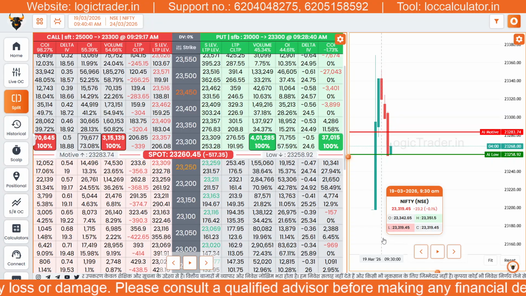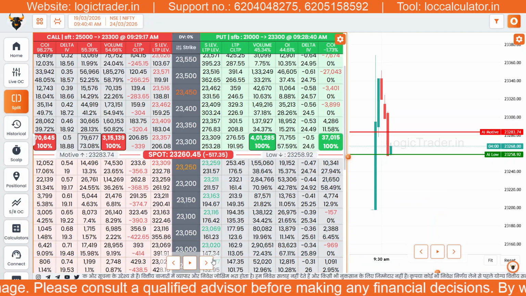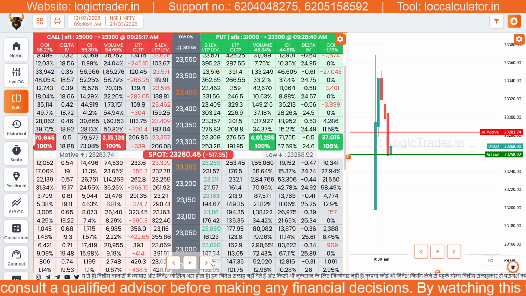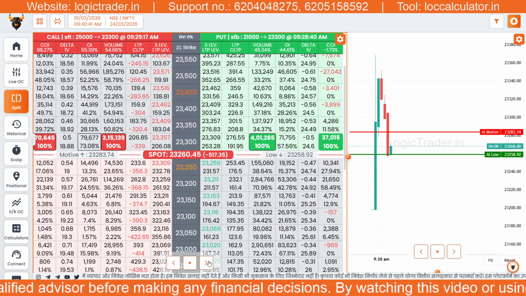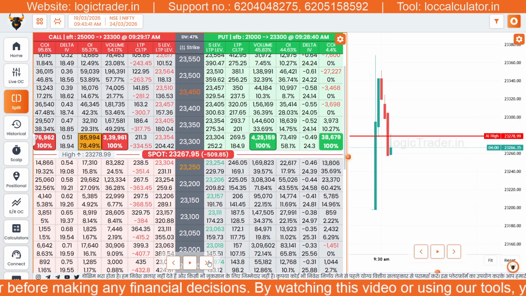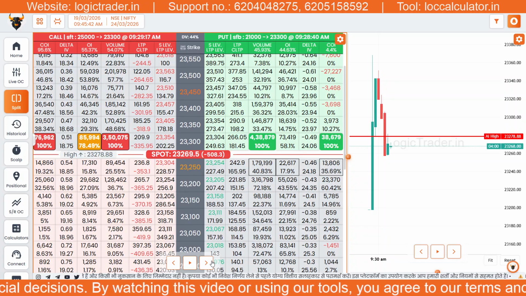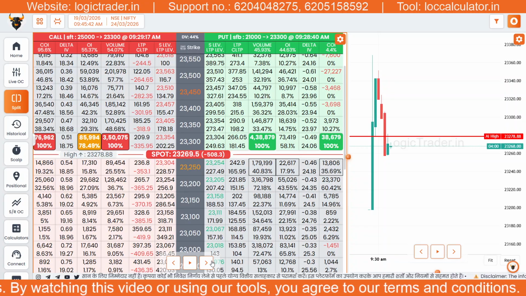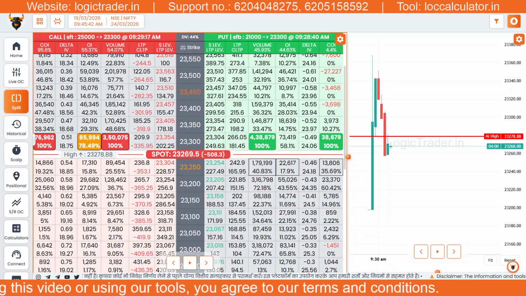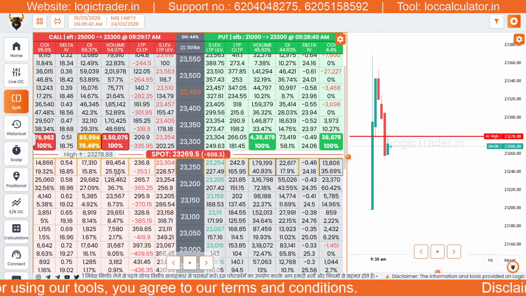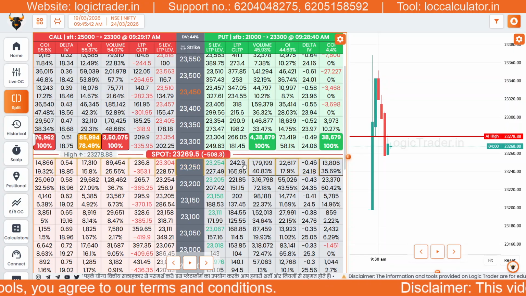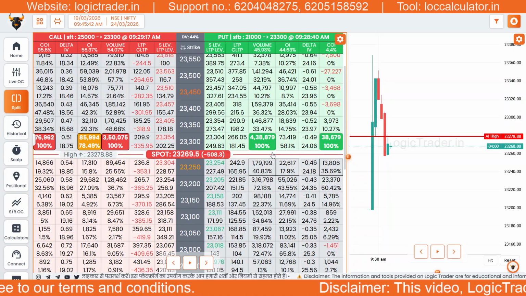Now as we move ahead and reach around 9:45 a.m., we can observe the left right indicator on the call side is showing high, while on the put side nothing is displayed.